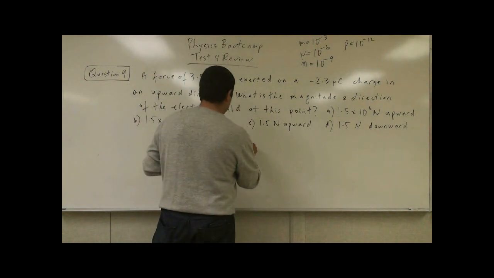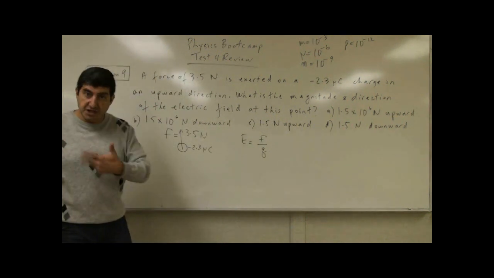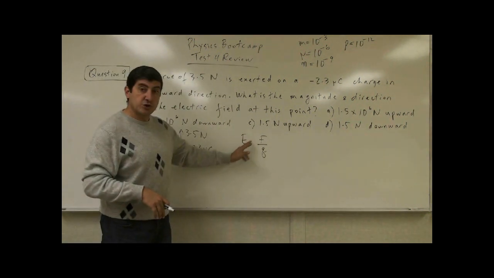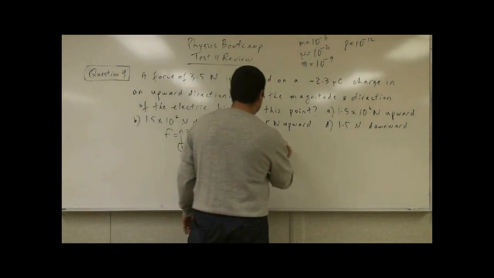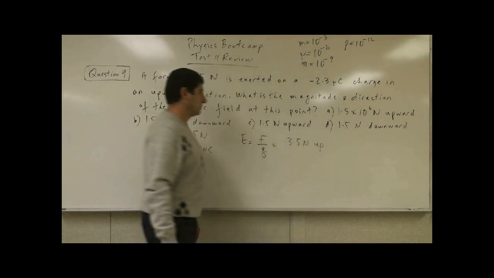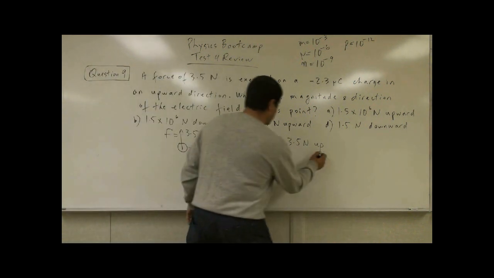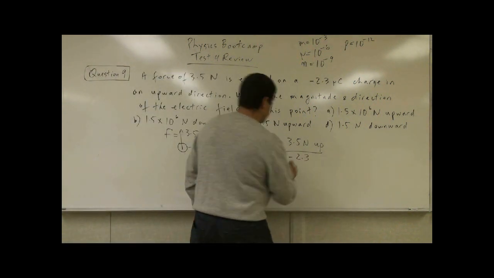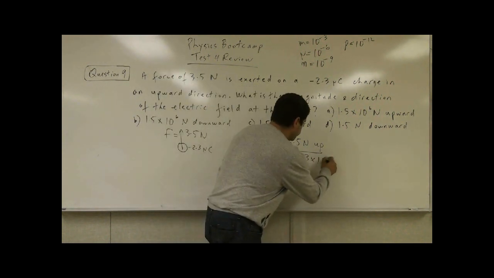So we said in the previous video, E equals F over Q, or F equals EQ. In this case, we know the F, so F over Q is E, and F is equal to 3.5 newtons up, as given by the problem. Q is equal to negative 2.3, and micro is 10 to the minus 6.